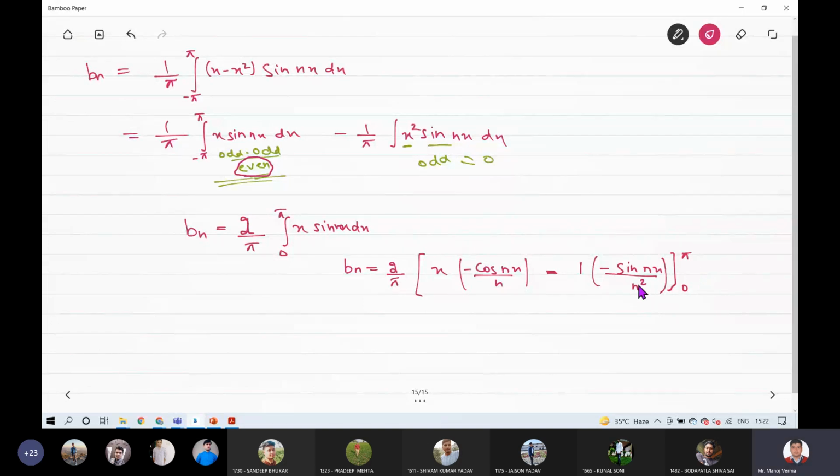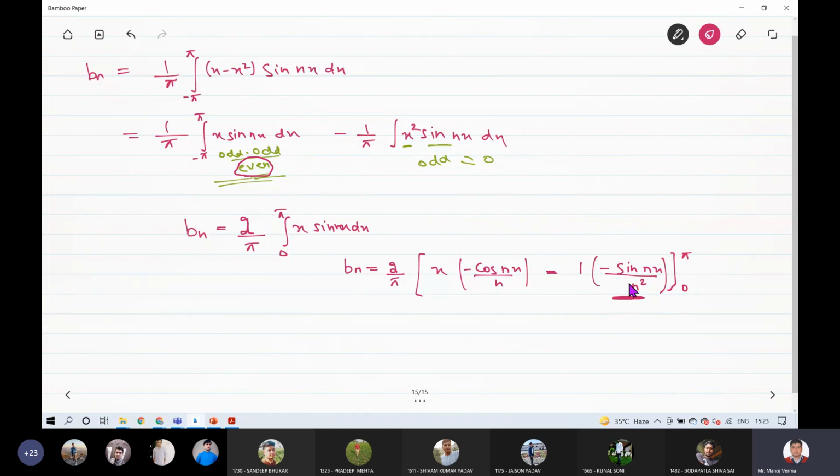See, in this case also you can see this particular term will go to 0 when you insert the limits pi as well as 0. Sin n pi is also 0 and sin 0 is also 0.